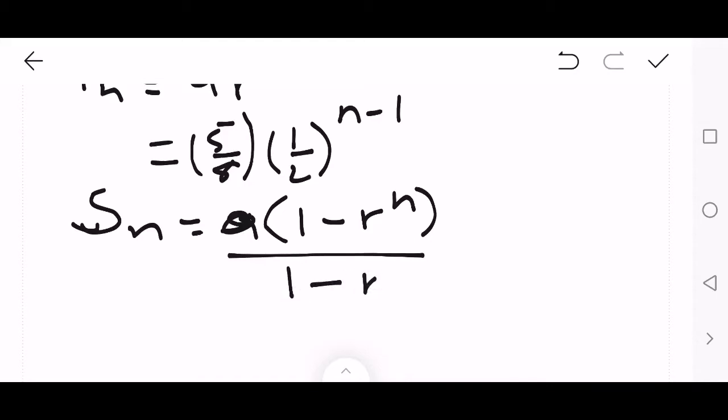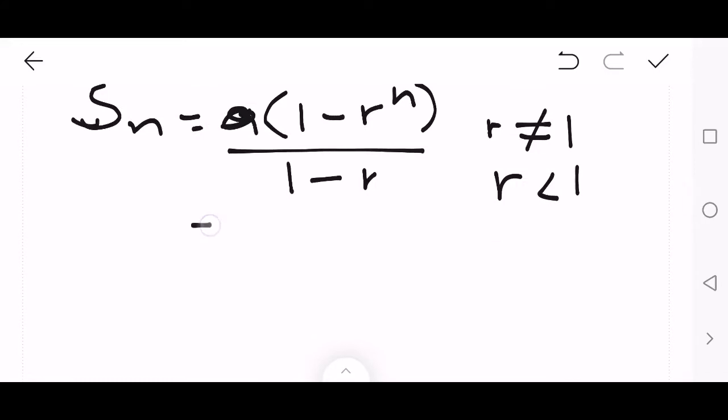In order to use this equation, the value of r should not be equal to 1 and r should be less than 1. So this is to mean that r should be a fraction. So it's easier to use this formula when r is a fraction.